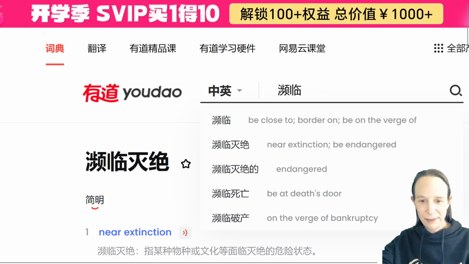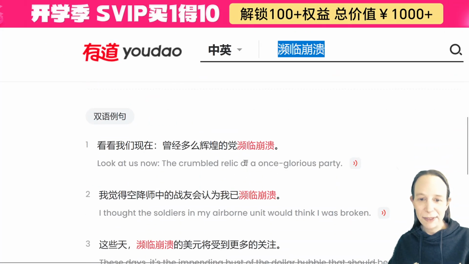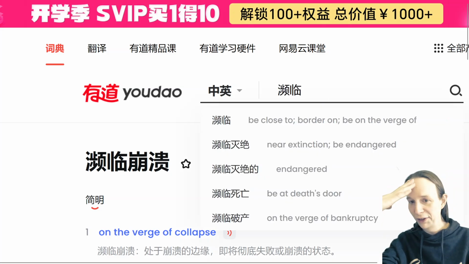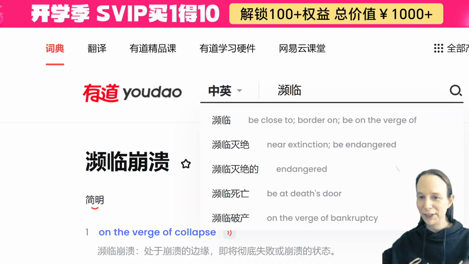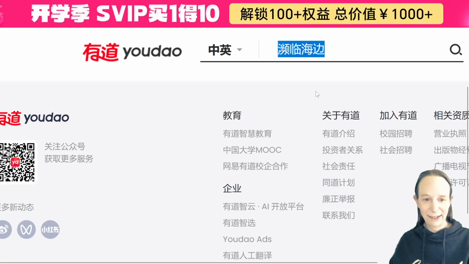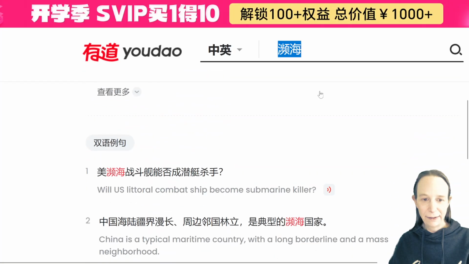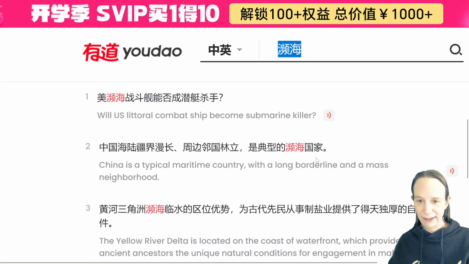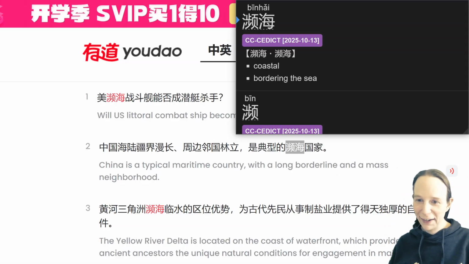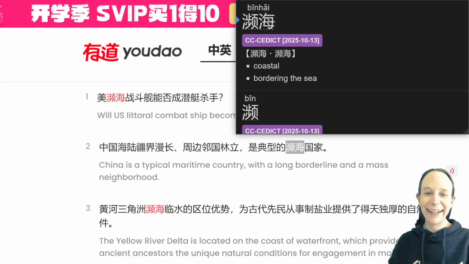And the other one is 崩溃, 濒临崩溃, on the verge of collapse. You can also use it as neutral, on the literal physical verge, like 滨海, on the verge of the sea.